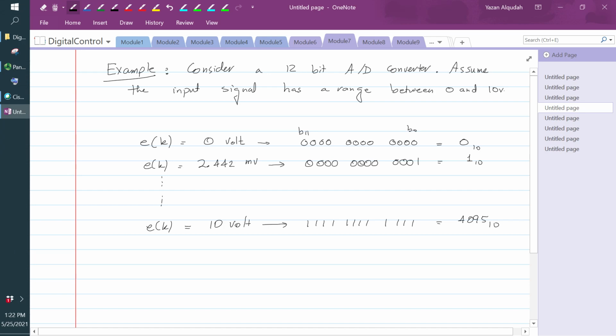Okay, so again, I'm taking the range from 0 to 10 volt, and I'm dividing it into a discrete number of levels. And depending on the value of the signal, I'm going to assign it to the closest level to that value.